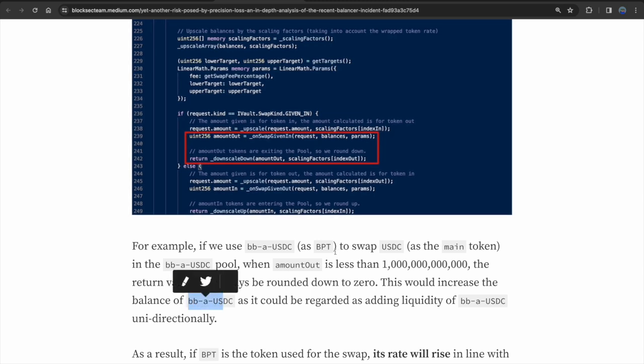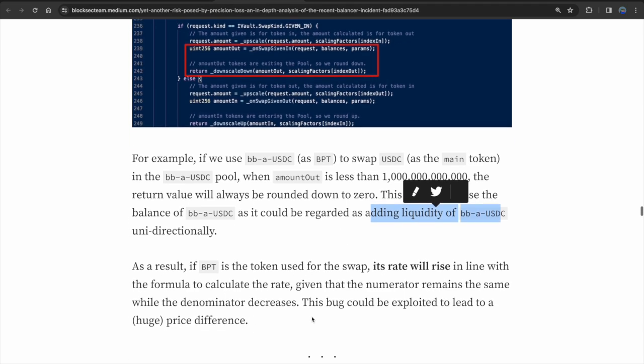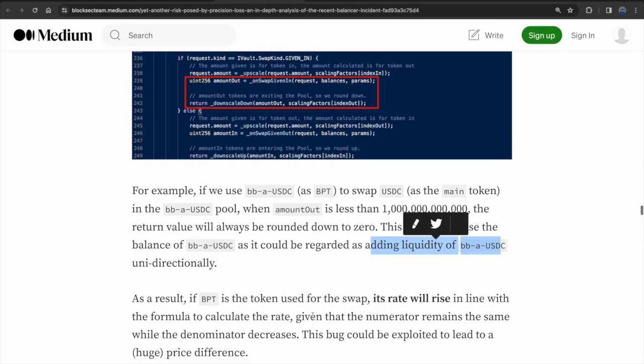This is basically the same thing as BPT. And like I said, it's adding liquidity to this BPT USD pool. I don't think they intended to do this as a result. I think they just wanted to round down, but somehow they are rounding down and adding liquidity as a result of that. And so that affected the rate of something else when it wasn't supposed to be affecting that thing.